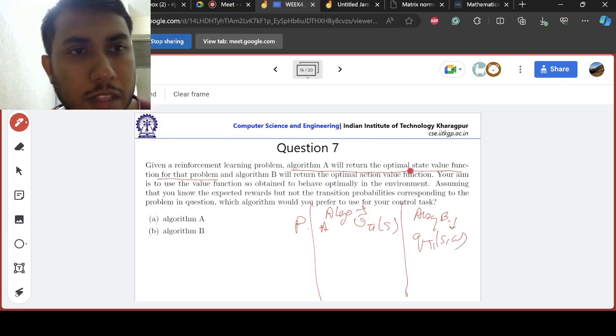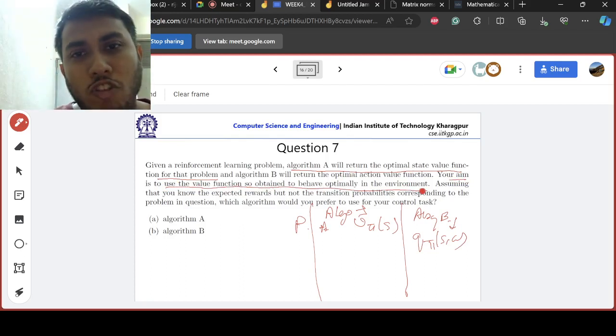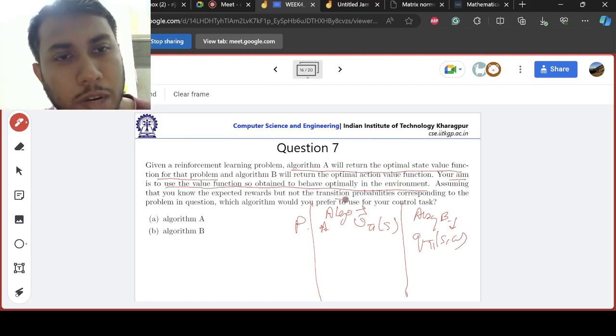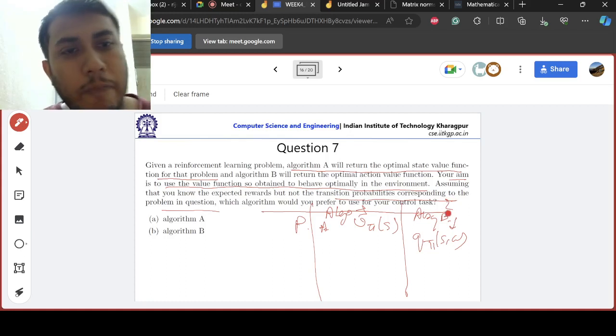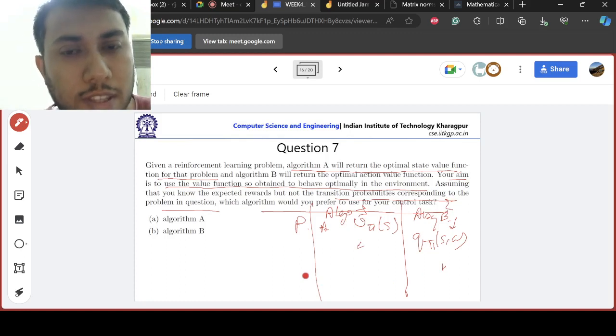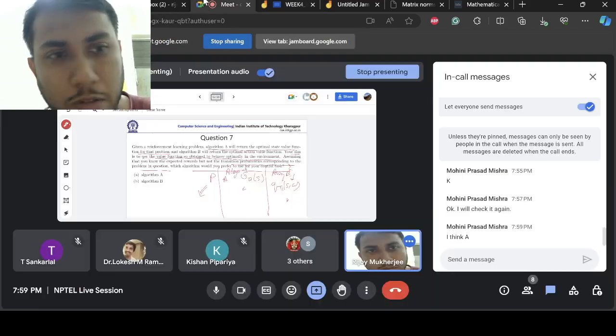The aim is to use the value function so obtained to behave optimally in an environment, assuming that you know the expected rewards but not the transition probabilities corresponding to the problem. Which algorithm would you prefer to control the task? Which one will you choose?